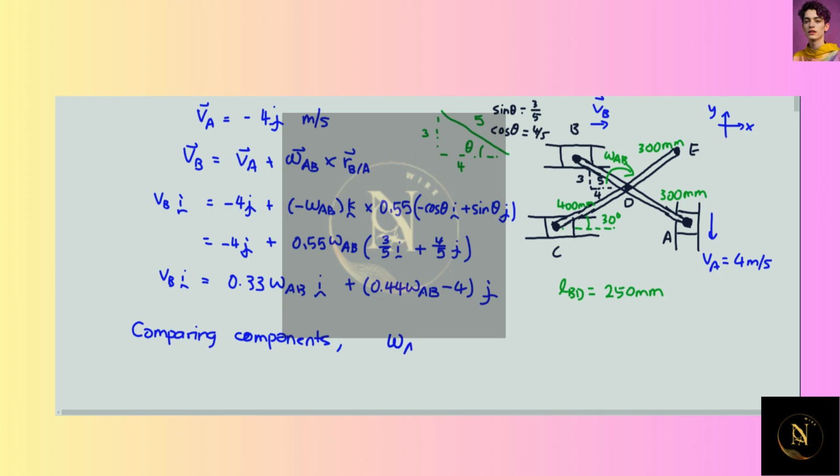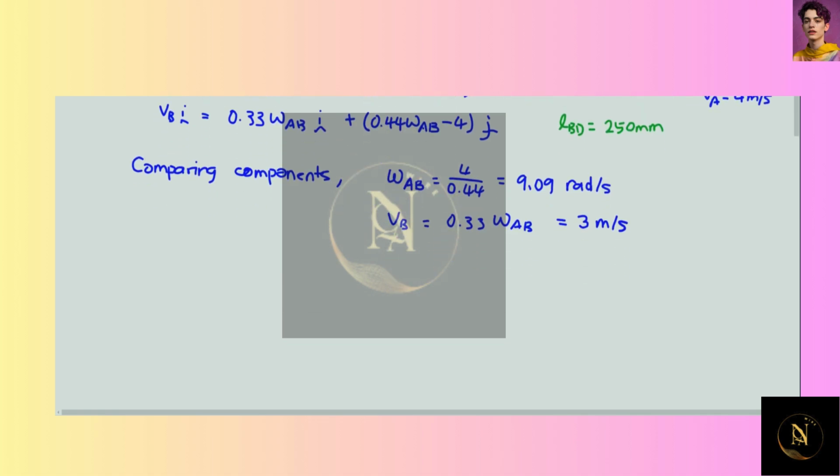So omega AB is equal to 4 divided by 0.44, which is 9.09 radians per second. And then VB is equal to 0.33 omega AB, which is equal to 3 meters per second. So our first answer for VB is 3 meters per second to the right.